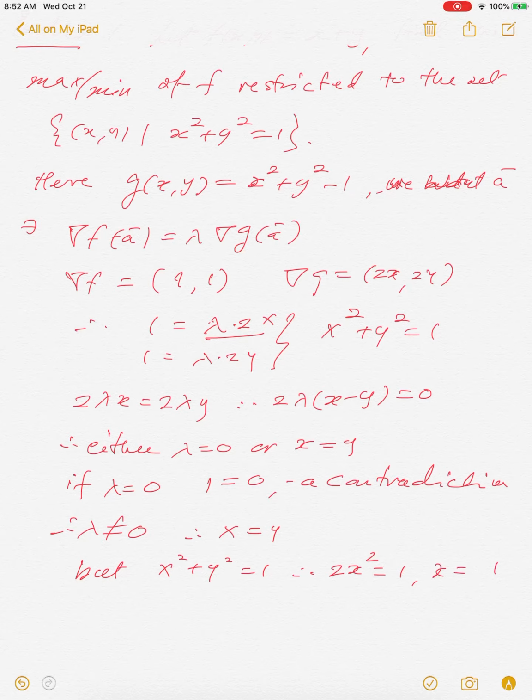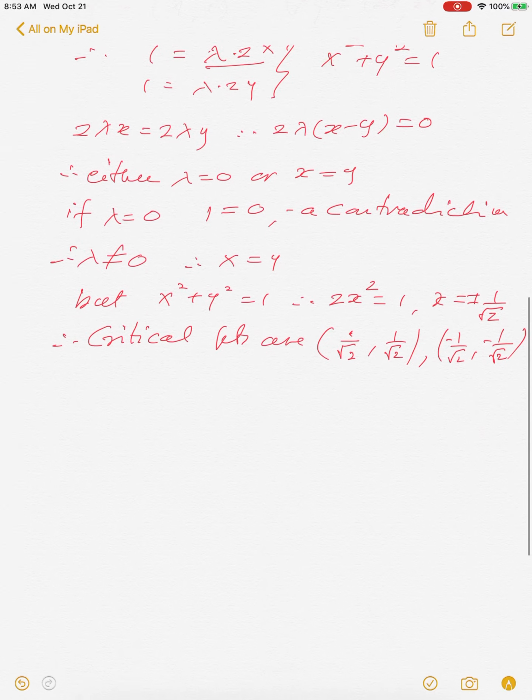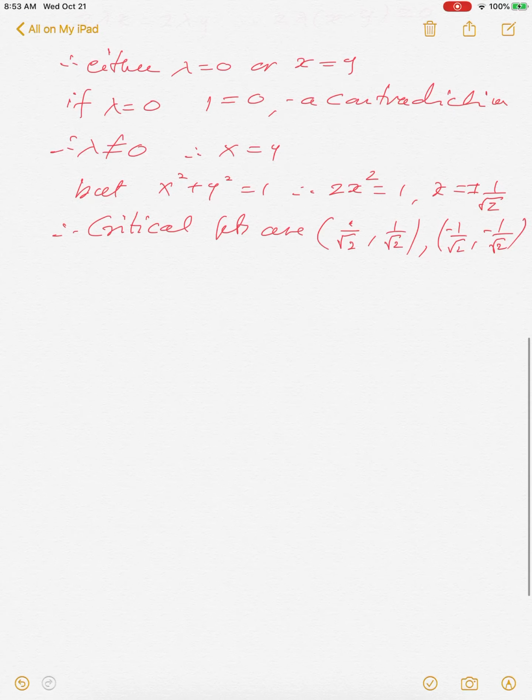So that tells you x must be plus or minus 1 over root 2. So the critical points are: when x is 1 over root 2, y is x, so y is 1 over root 2, and when x is minus 1 over root 2, y is also minus 1 over root 2. So these are the only two critical points.